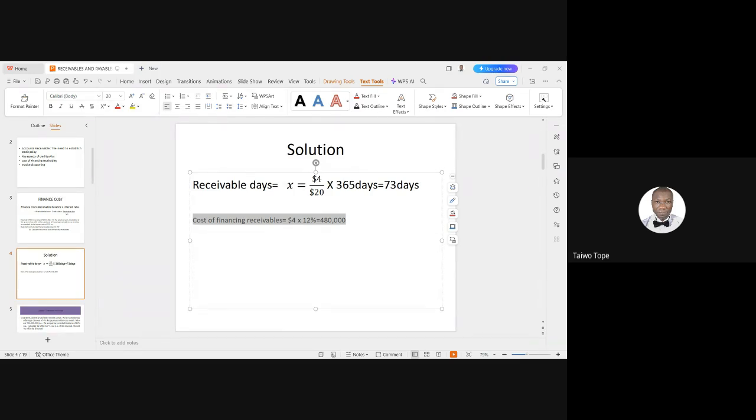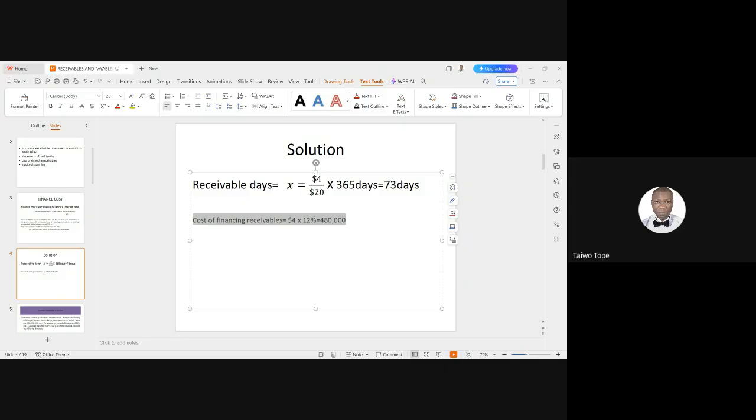That is early settlement discount. Sometimes for a business to get cash very fast, they can give a discount. So cash discounts are given to encourage early payments by customers. The cost of the discount is balanced against what? The savings the company received on time.